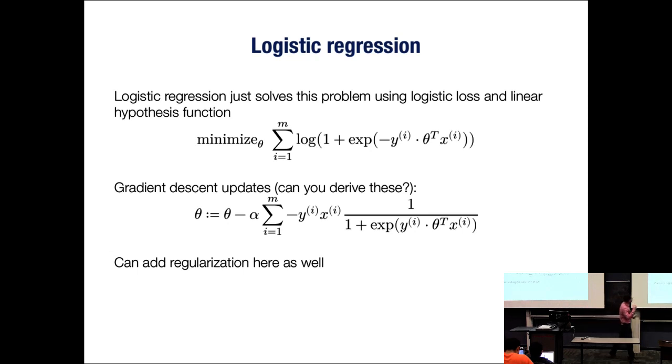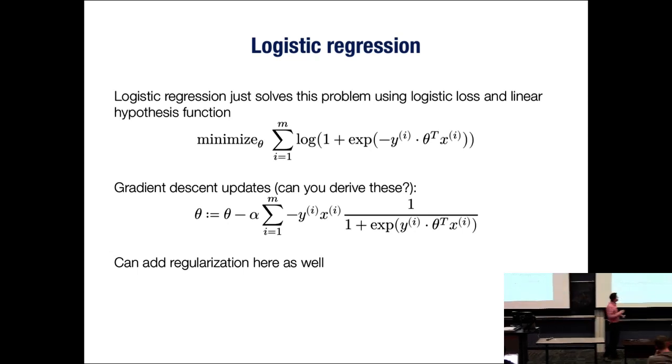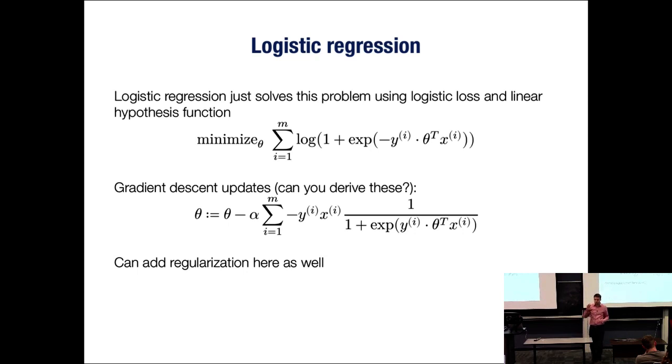So logistic regression is just solving, again, the canonical machine learning optimization problem, where now, instead of the 0-1 loss, we use what's called the logistic loss. Logistic loss is just the log of 1 plus the exponent of the negative class times the hypothesis function.